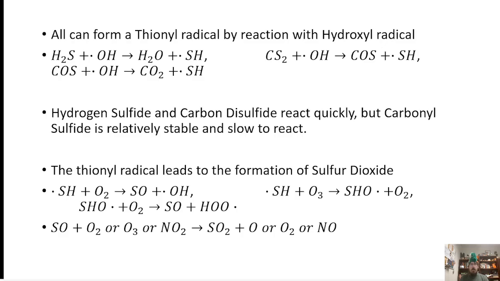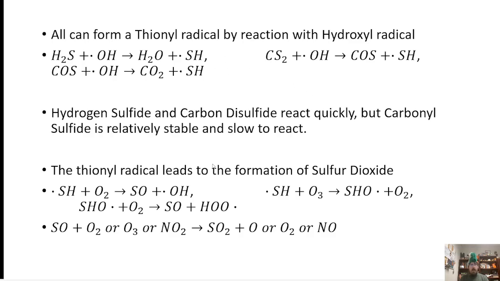If you have a carbon disulfide and it hits hydroxyl, it replaces one of the sulfurs with the oxygen and forms the carbonyl sulfide and SH. The hydrogen sulfide and carbon disulfide react quickly. However, that COS is relatively stable and a lot slower to react. So that one is kind of a slow spot. But these initial two are pretty fast.